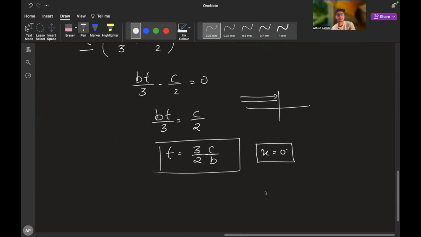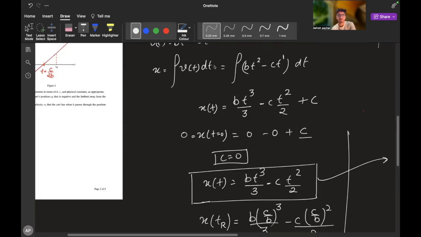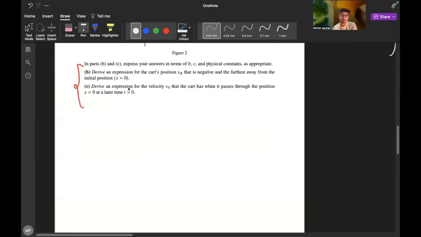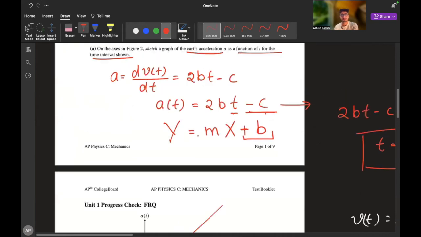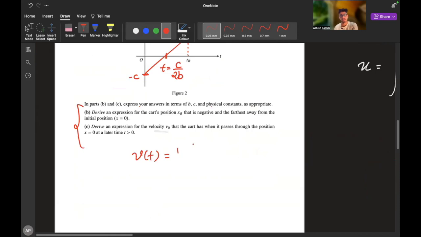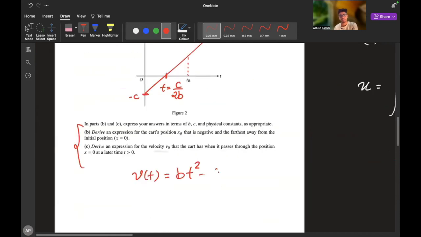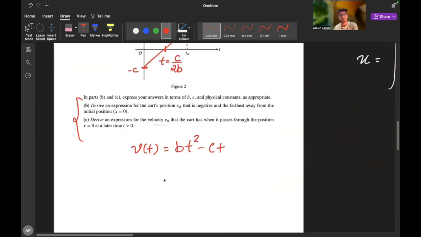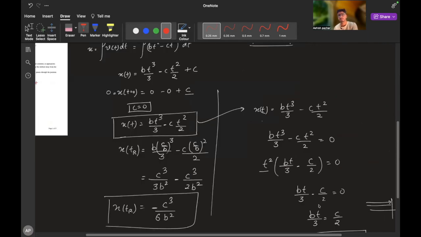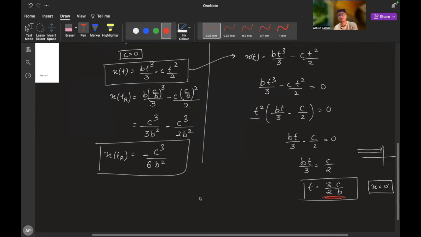I'm going to plug it into the velocity function, because that is what they're expecting us to derive. The velocity function that we have is bt square minus ct. Then I'm going to plug in that t value that we calculated where the position is 0, that is 3 by 2.